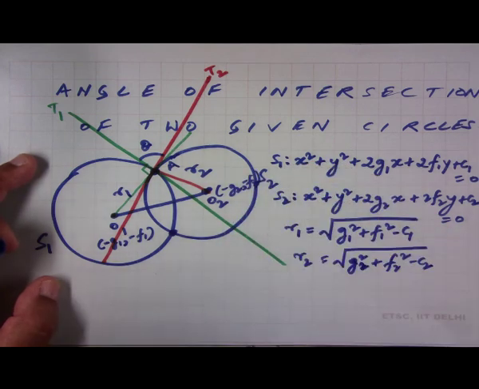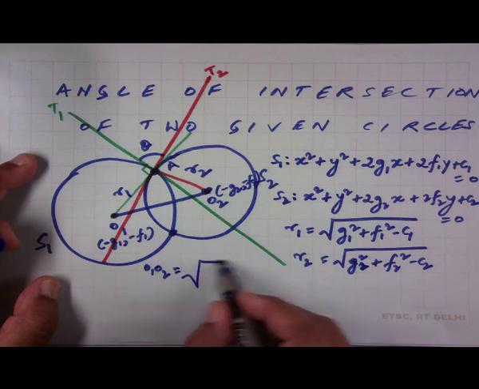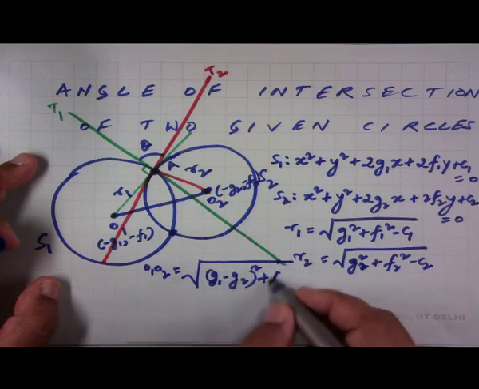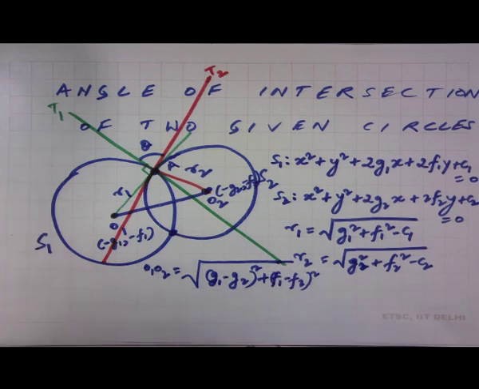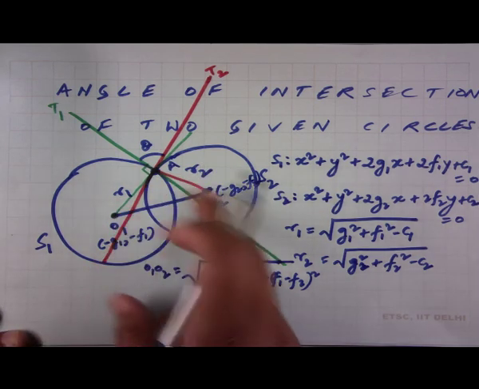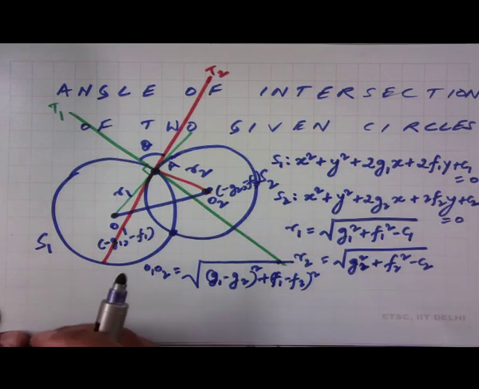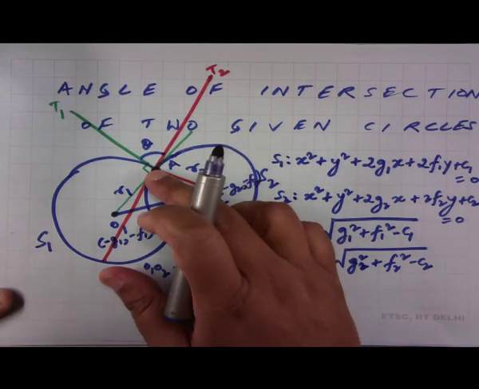The distance between them, O1O2, the distance between the two centers, is given by the square root of (g1 minus g2) whole square plus (f1 minus f2) whole square. So, now we have a triangle O1AO2, and we exactly know the lengths of its three sides, and therefore it should be possible to also find the three angles of this triangle.